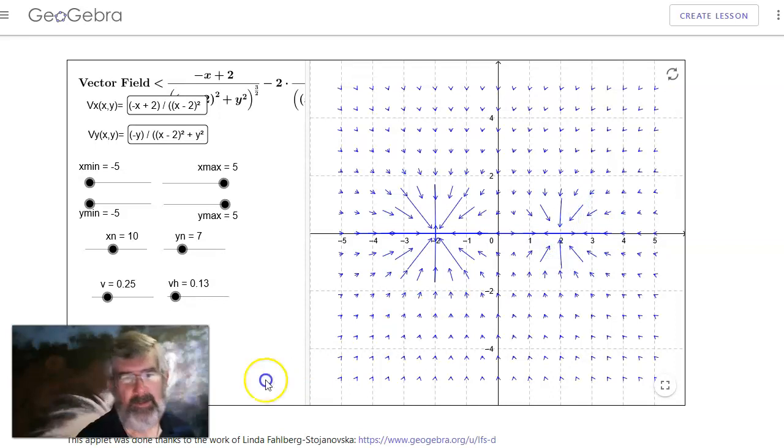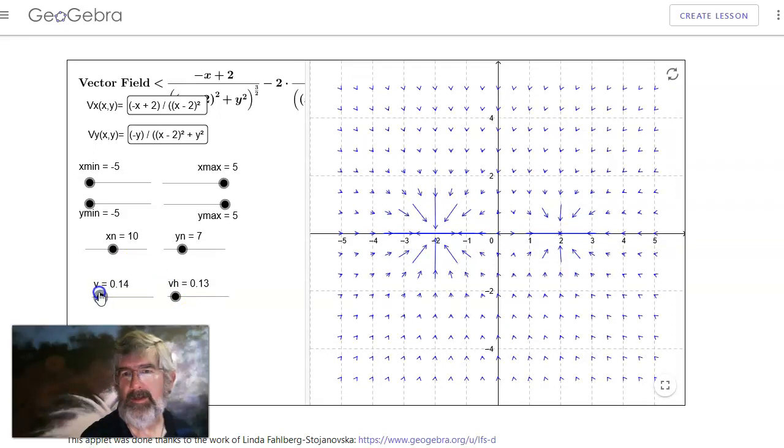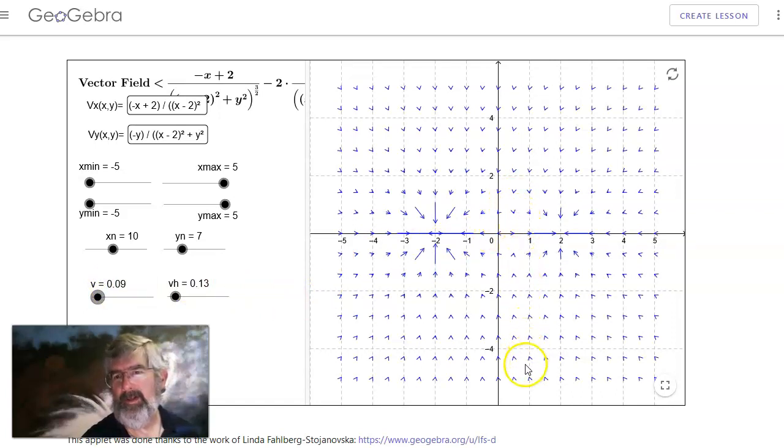The vectors are a little bit too long here when you get too close to those points, so I can scale them down to see a little better what's going on. But yes, there's a transition of when you get pulled this way or that way.